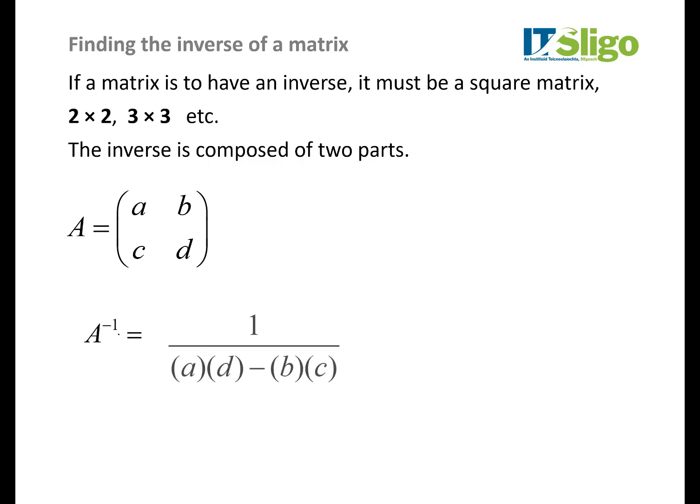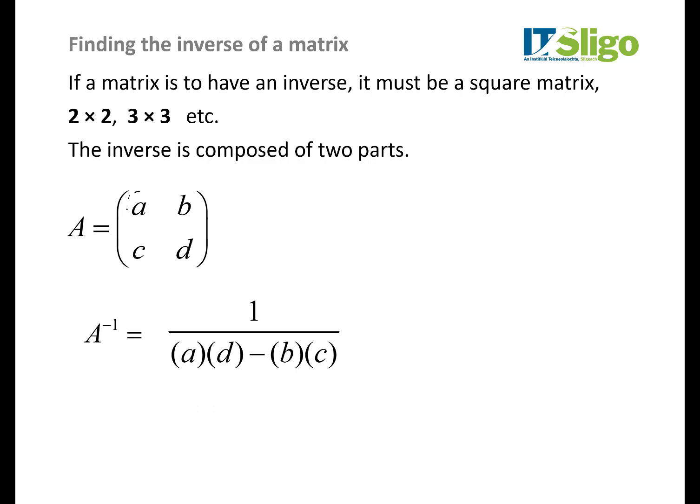So the first part looks like this. It's simply A multiplied by D minus B multiplied by C, and it's 1 over, the reciprocal of A by D minus B by C, and that's called the determinant, because that determines whether the inverse exists or not.